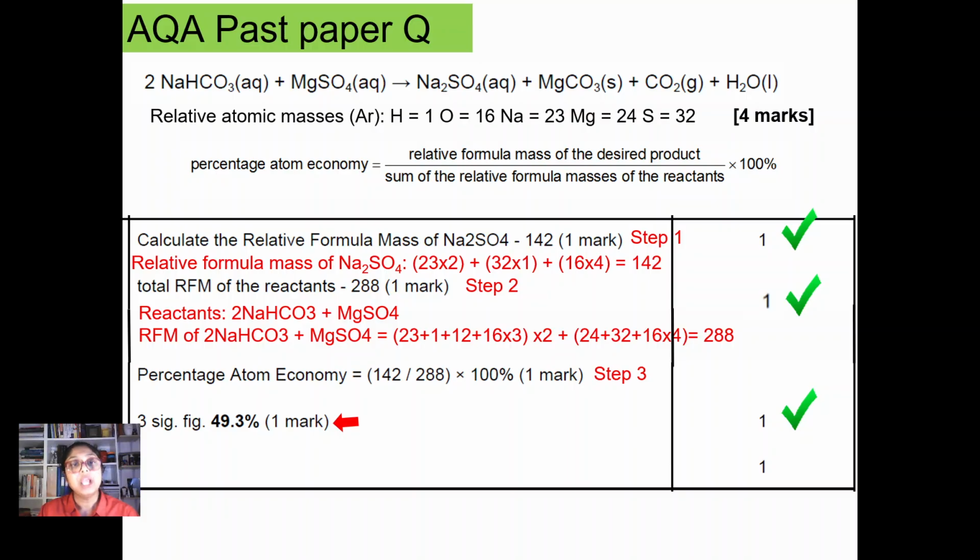You stick to 3 digits, 49.3. This is what the 4th mark is for. If you forgot to do this step, you lose 1 mark. So, an easy 1 mark, just sticking to the 3 digits.